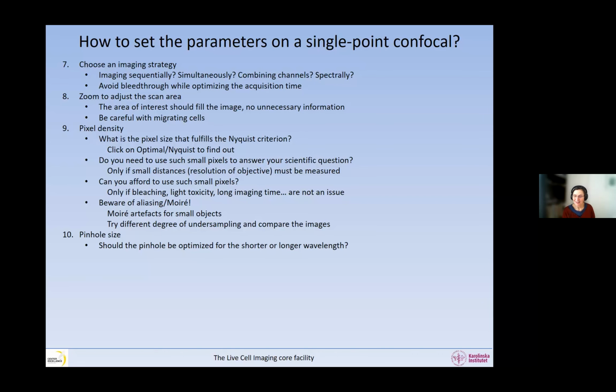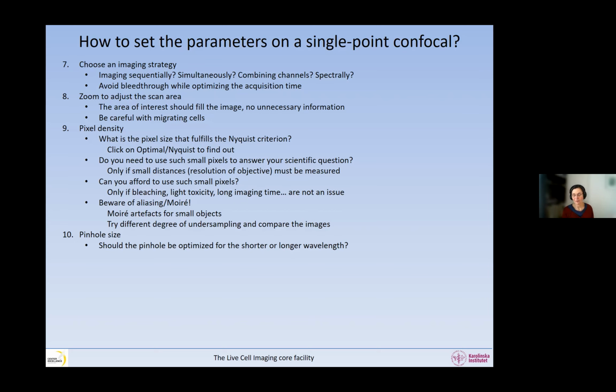You will first have a look at what is the smallest distance that I must resolve in my sample. If, for example, you need to count crowded nuclei in tissues, in some places the nuclei are going to be very close to each other and very packed, and in other places they're very sparse.